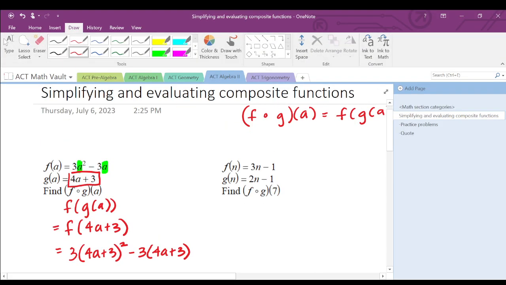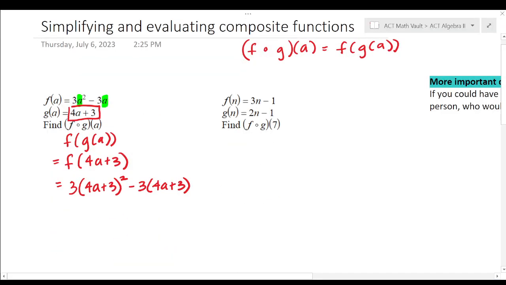All right, so that green color is meant to show you that we have the same variable twice, and it goes in wherever the a was, because remember that instead of f of a, we now have something different. That something different is the new variable.